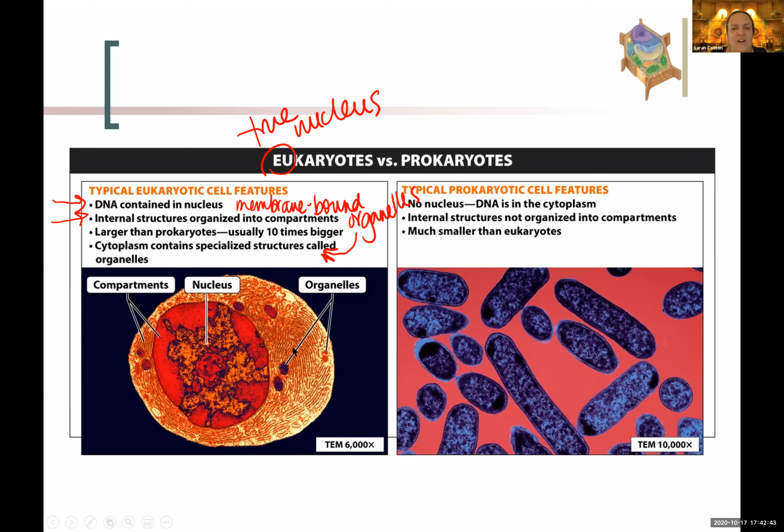A friend of mine likes to say that the way that she teaches it is she says that a prokaryotic cell is like a studio apartment where you do everything in the same room, basically. You sleep, you eat, everything happens all in the same space. Whereas a eukaryotic cell is more like a large home that has different activities that happen in different compartments or different rooms.